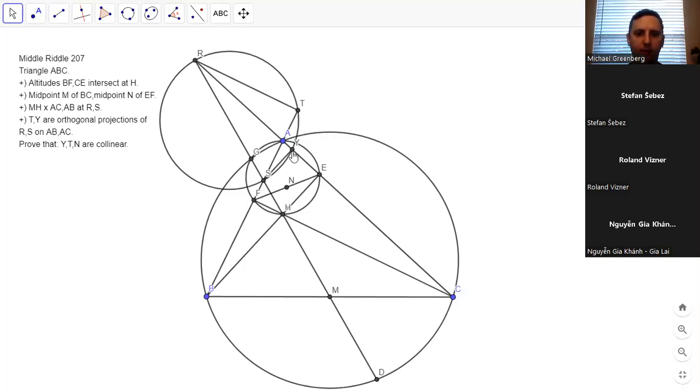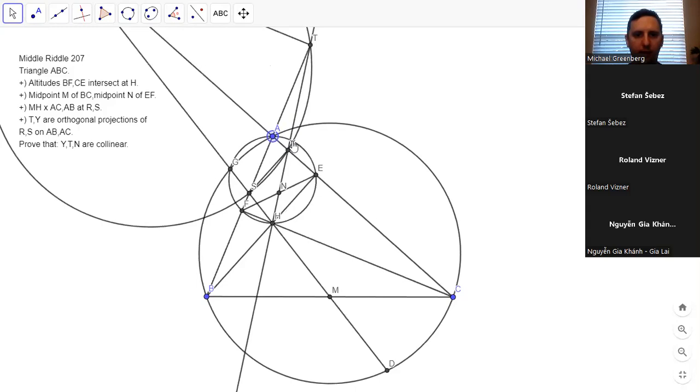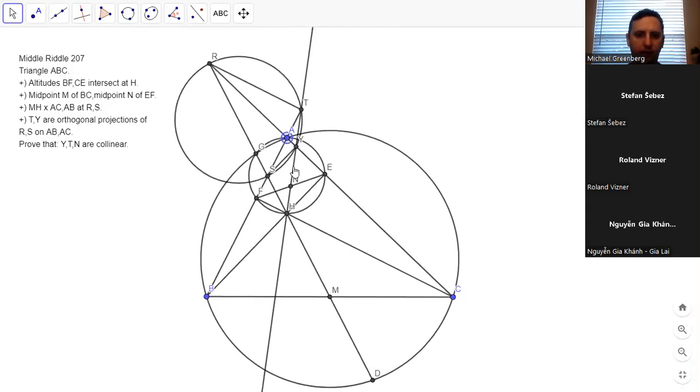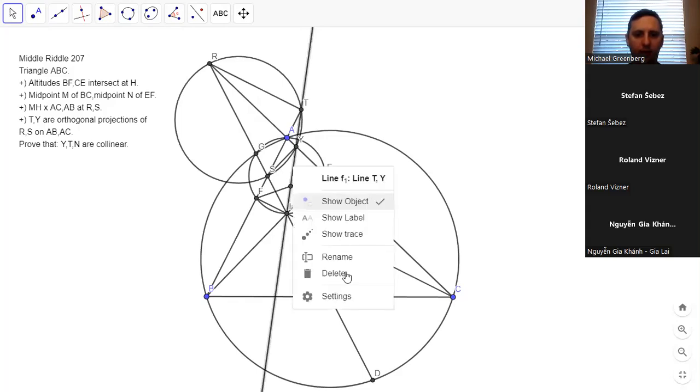So this looks like it. We want to show angle TYR equals angle EYN. I wonder if these, let's check if these always pass through the orthocenter. Yeah, it looks like it does. So we could try to show YN and H are collinear, and then we could try to show TY and H are collinear, and that would solve it.